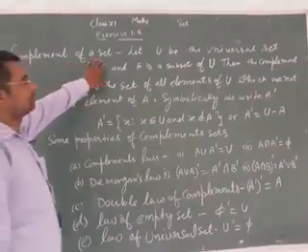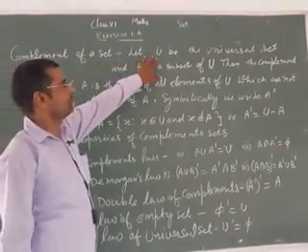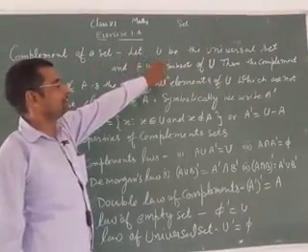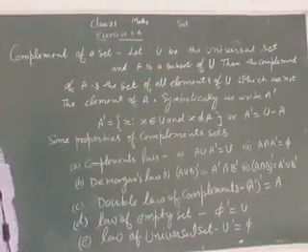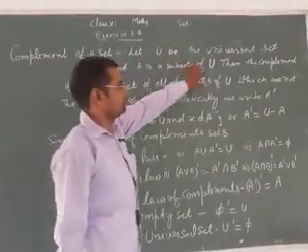Complement of a set. Let U be the universal set and A is a subset of this universal set.